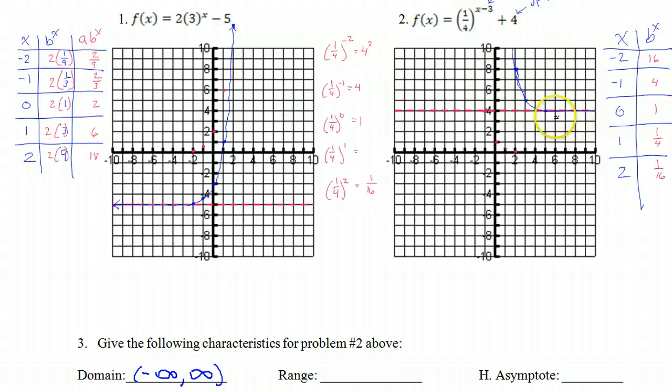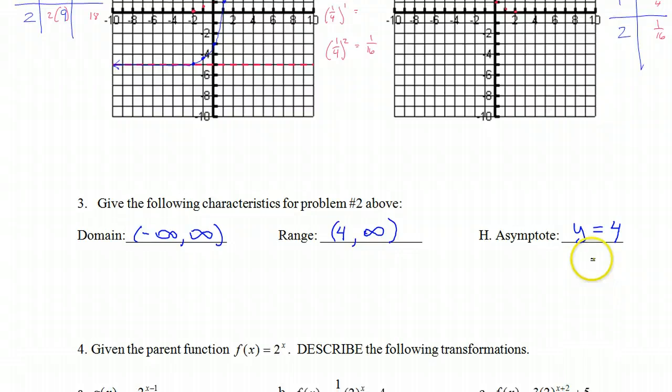The bottom of this graph is here at the asymptote of 4, and we will use a round parenthesis to show that we don't actually include the asymptote, which you never reach. So 4 to infinity would be the range. Of course, the horizontal asymptote itself, we see it's here at 4, but we don't just put 4, we put y equals 4. Alright, so that's number 3.